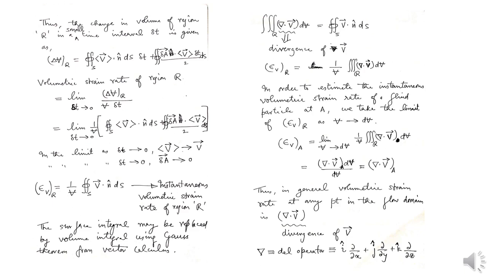We can get this change in volume for the entire region R if I sum up or integrate these small swept volumes, which are local to any surface point B. So delta V element, if I integrate over the entire surface S of the material region, gives the change in volume for the region R, written as delta V subscript R. Remember, this is a change over a finite time interval.